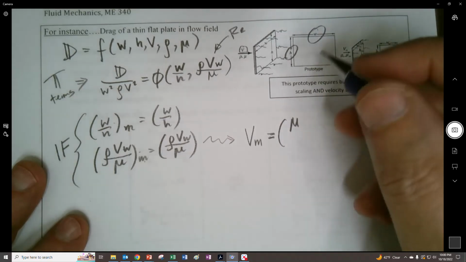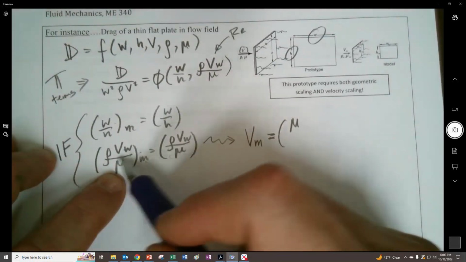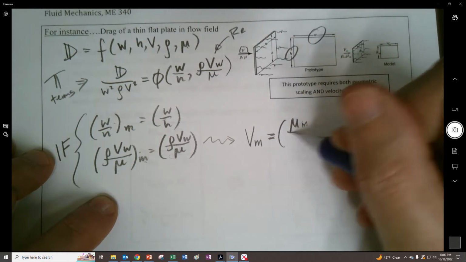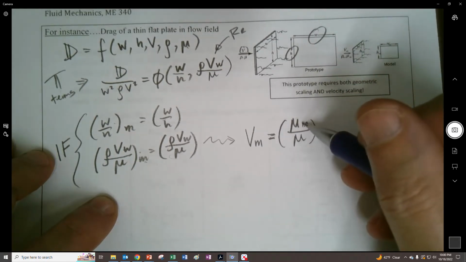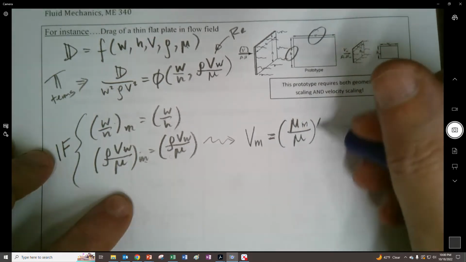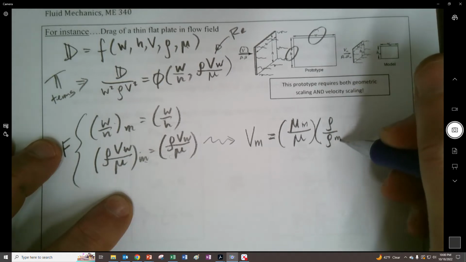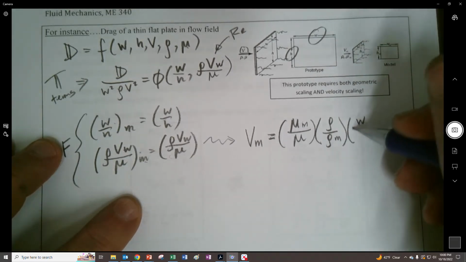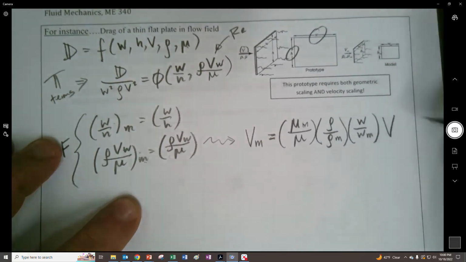We're going to mix this thing up, putting an m next to all of these, and you would say the viscosity ratio of the model to the real world, and then the density and the width times the velocity.